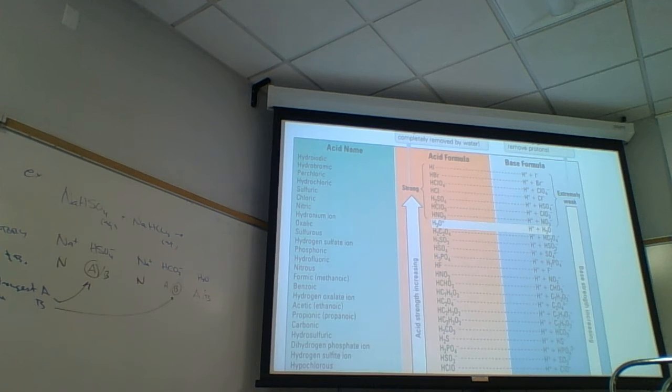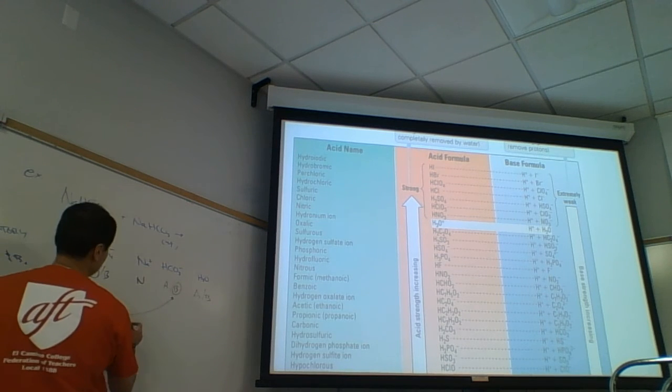So that's 3. Step 4 is we're going to react the strongest acid with the strongest base. Step 4, react by transferring H plus, proton transfer we call it.